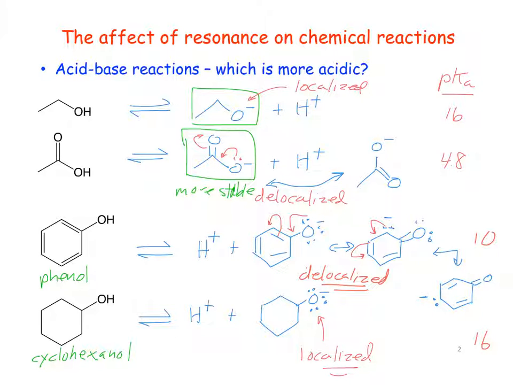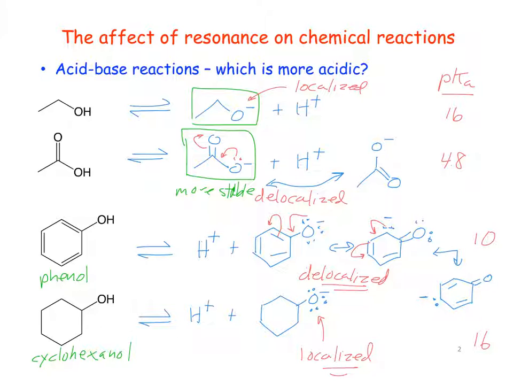So why is it that phenol isn't more acidic than the carboxylic acid? Because look at it, it has even more resonance structures than this does up here. So just more isn't always the best.